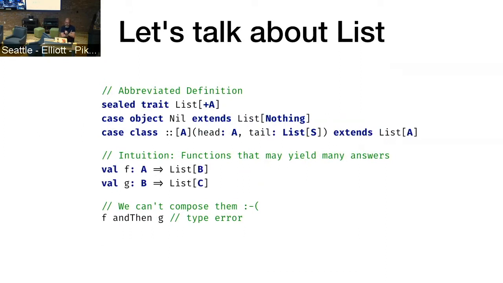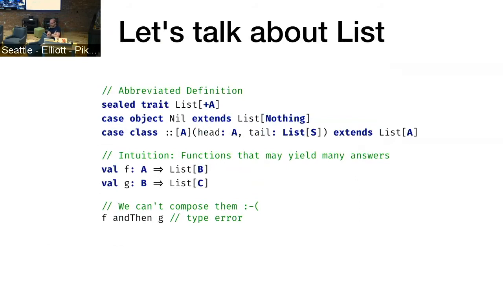Now let's talk about List. So List is another algebraic data type. It's either Nil, which is the empty list, or it is a pair of a head, which is a value, and a tail, which is a list. So it's an inductively defined data type. And the intuition we have in FP about List is a little different from what might be obvious initially: we think of lists as a kind of non-determinism.